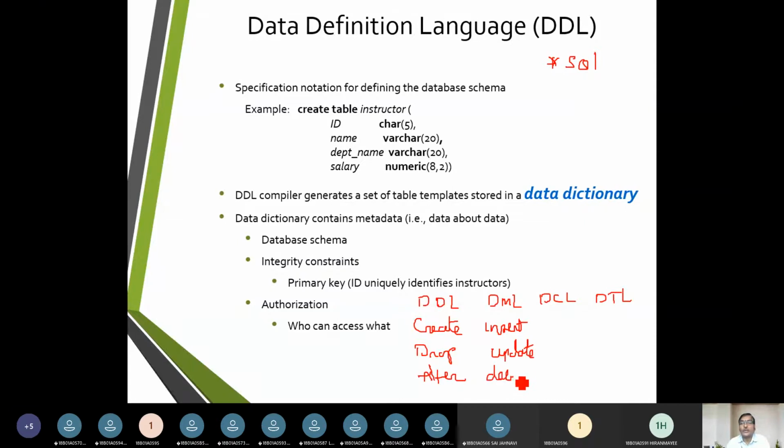Data control language deals with grant and revoke. For transaction control language, it can be a commit operation, a rollback operation, followed by a savepoint. So these are the several aspects.